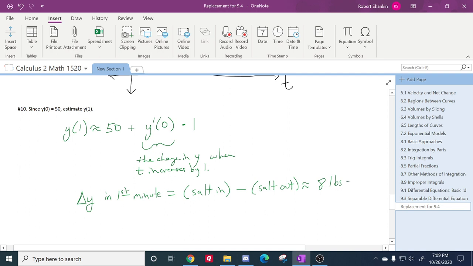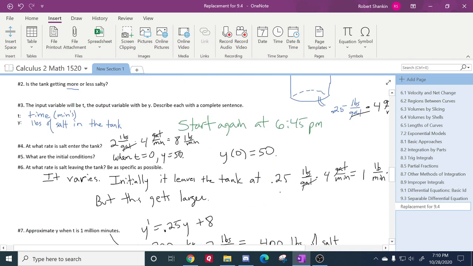How much salt went out in the first minute? Now this is, we'll put a squiggly above this, approximately, because it's changing instantaneously. Alright, so it's not going to be exactly 8, because these two concentrations get mixed up. But this is a reasonable approximation. Okay. And then in that first minute, how much salt went out?